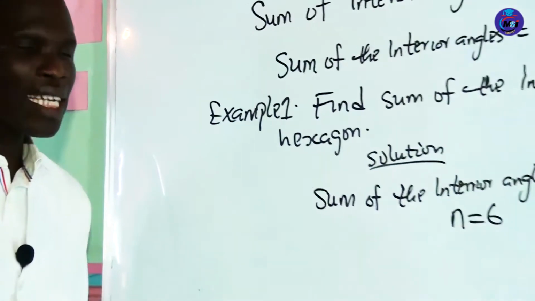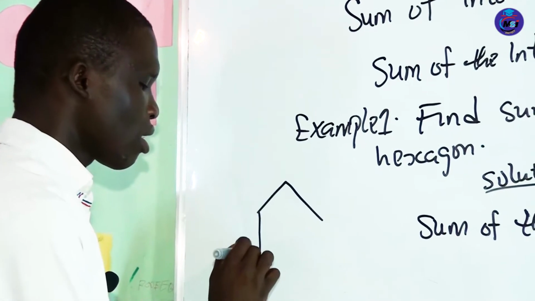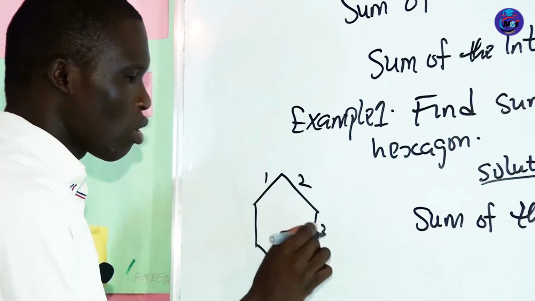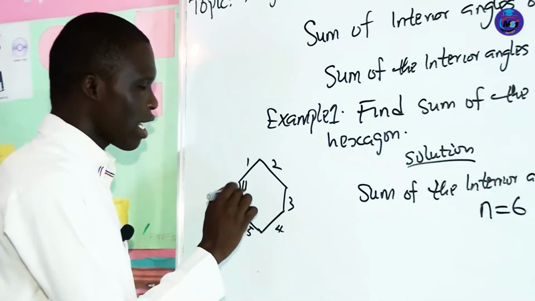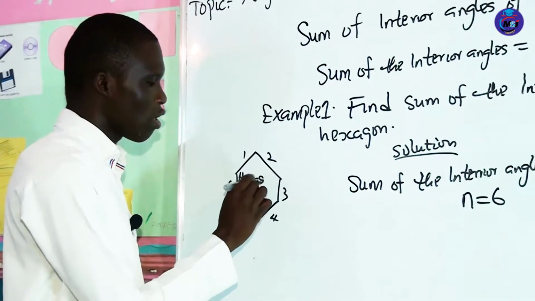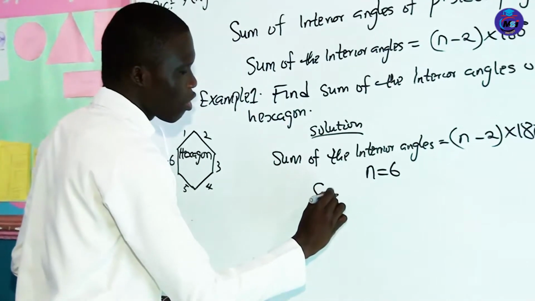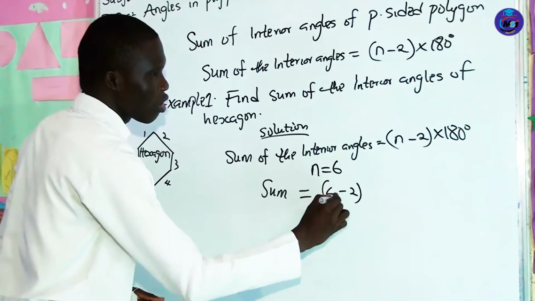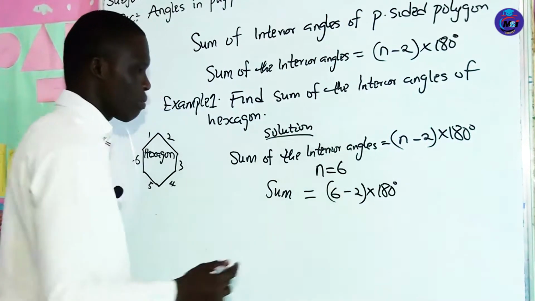And if you look at a hexagon, just like this, 1, 2, 3, 4, 5, 6. This is a hexagon. Now, the sum will be equal to (6 minus 2) multiplied by 180 degrees.